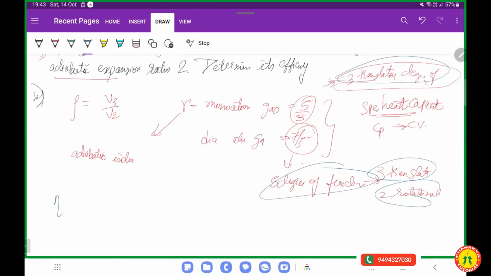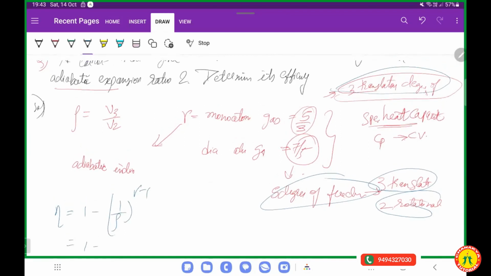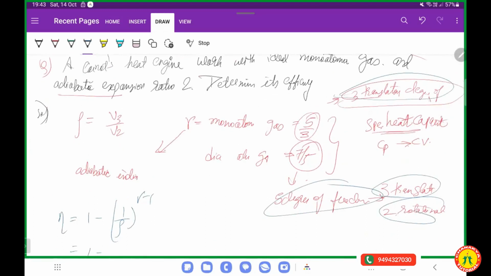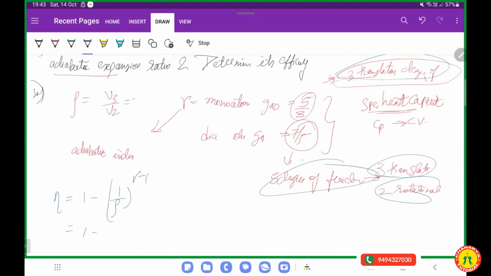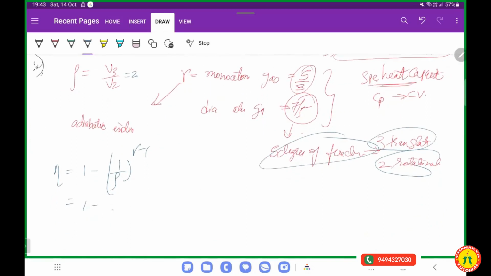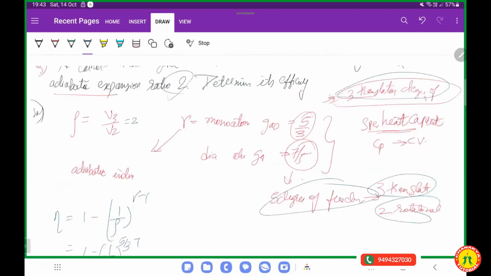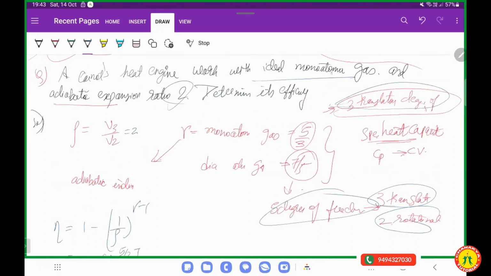So the formula: eta equals 1 minus 1 by expansion ratio to the power gamma minus 1. So 1 minus 1 by 2 to the power gamma, which is 5 by 3 minus 1 because it is mono.